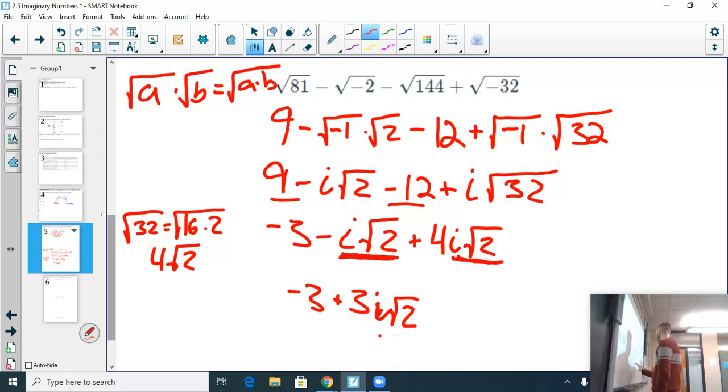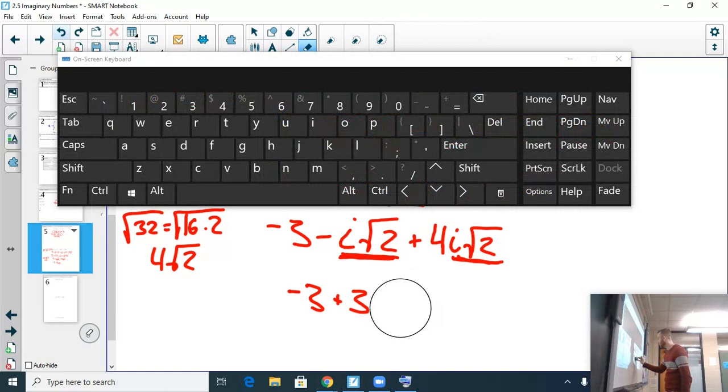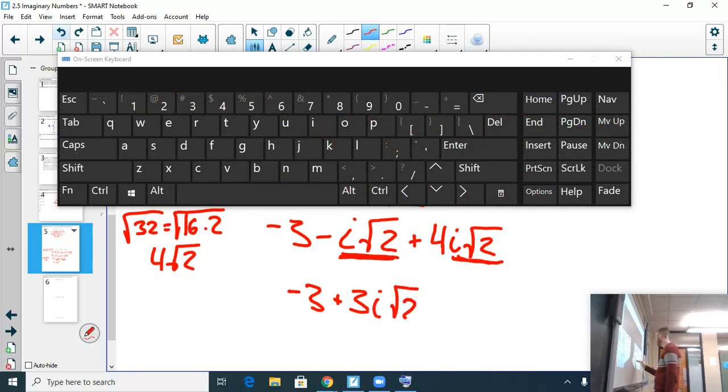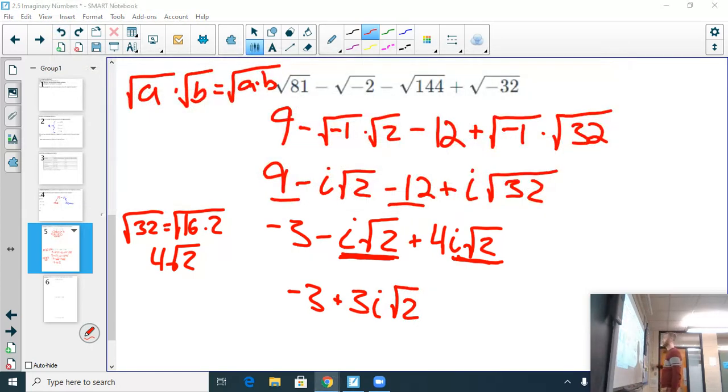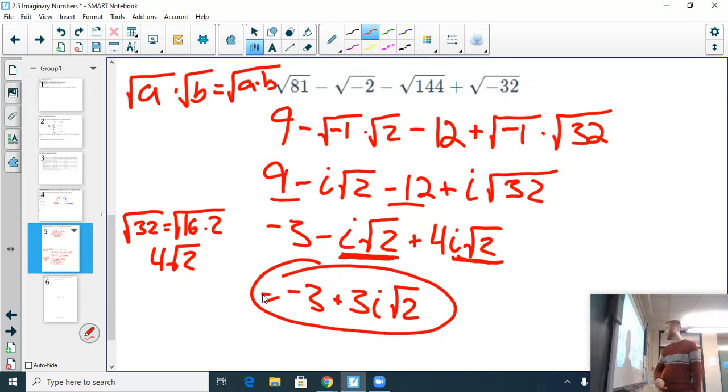We're going to have 3 of this thing left over. And that's how I always like to think about it. I'm going to rewrite this just so it looks nicer. I accidentally brought up the keyboard there. i square root of 2. Go away. And this will be our answer, right? We have A plus Bi. B in this case is really just the square root of 2.